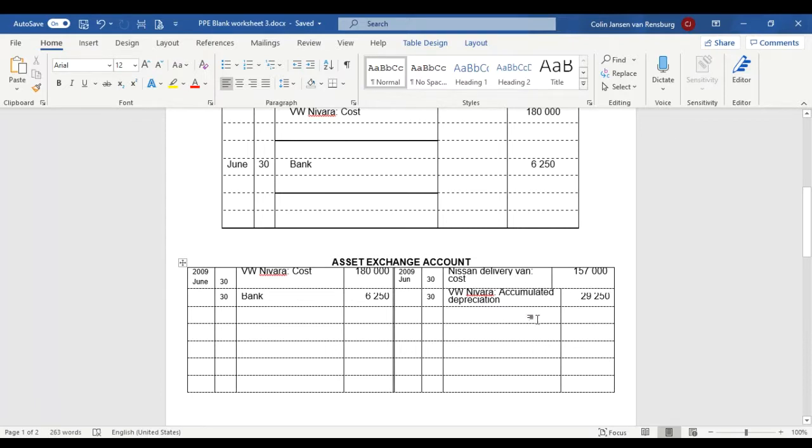Or if you need a credit on the credit side of the exchange account to make this account balance, it means that credit is going to end up on the debit side of the account where it's going to be posted to, which means that will then be a loss on the exchange of assets.